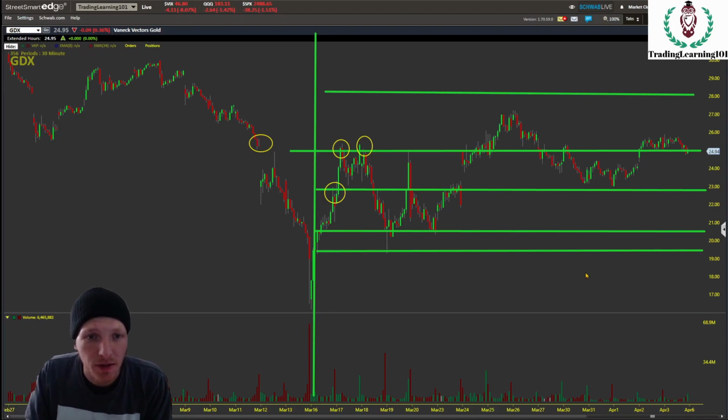But back to this. At this line, it found resistance. It found support all right here. And even that bottom line right here, where I said I'll add it because the lines were really close to making a big thick line. Look at it, pinpointed it or pinpricked it right there.